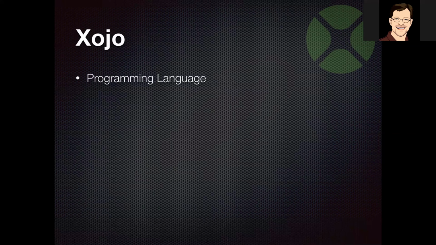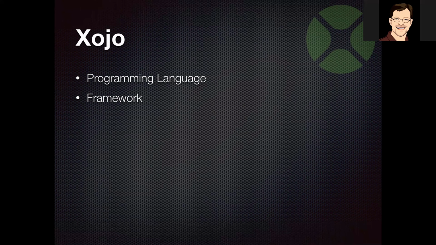So Xojo is a collection of things. First of all, it's a programming language. This is a modern object-oriented programming language. Syntax is similar to Visual Basic. It's very easy to read. It's very easy to learn. Xojo is also a framework. In this particular case, we're talking about the web framework.